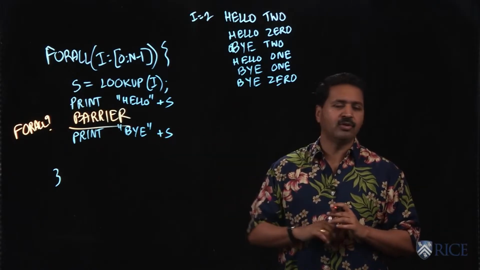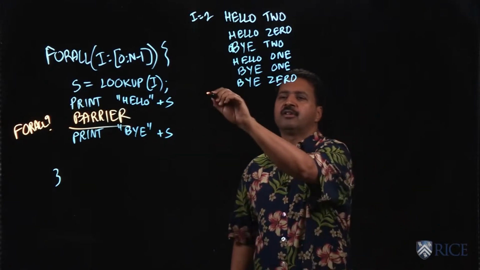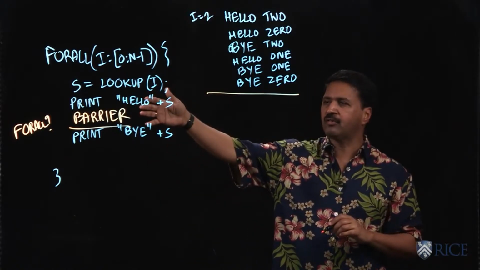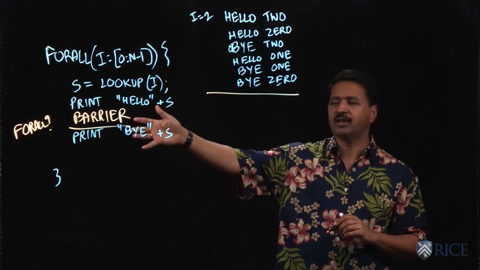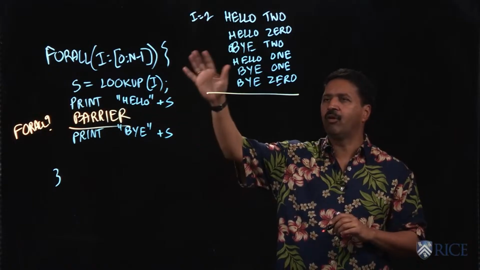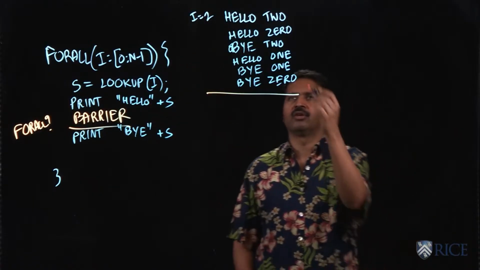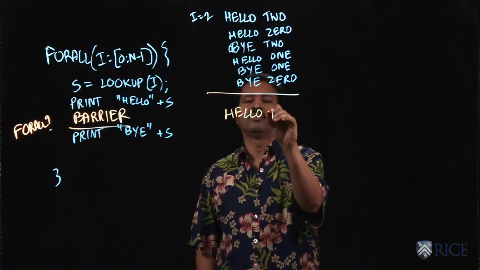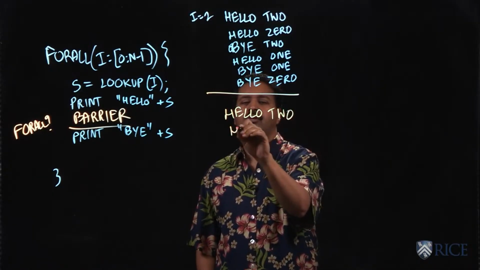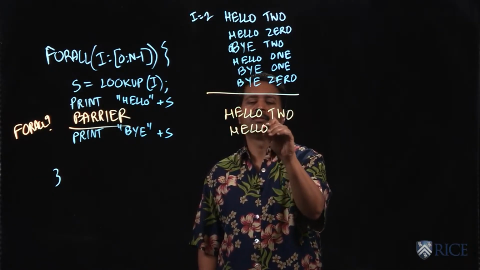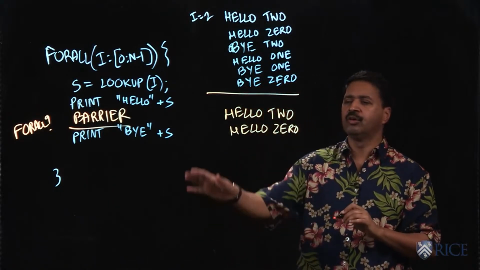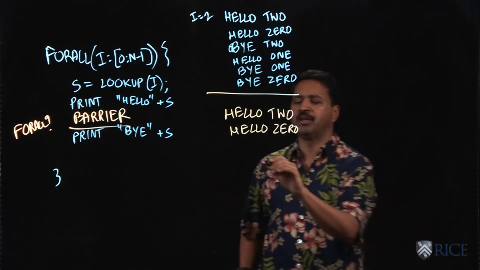And so when you do have a barrier and consider the print statements that could be possible, you can have any permutation of hellos, but you cannot have a single bye be printed before all the hellos have completed. So we may end up in this case having hello 2, hello 0, but we could not have a goodbye from 2 until the hello from 1 has completed.